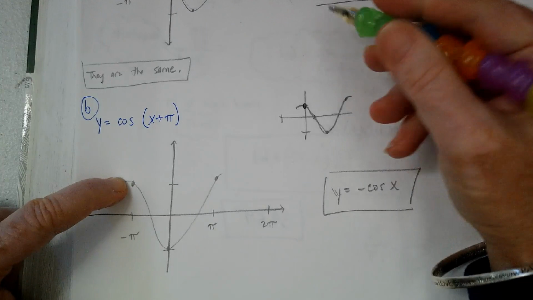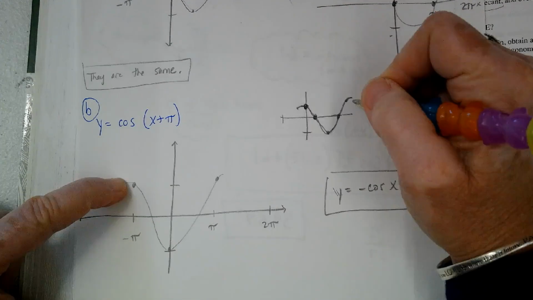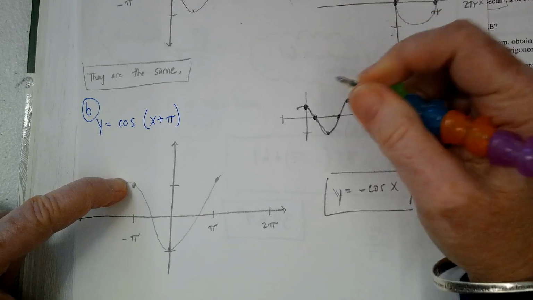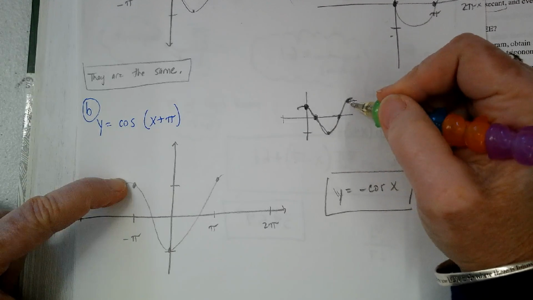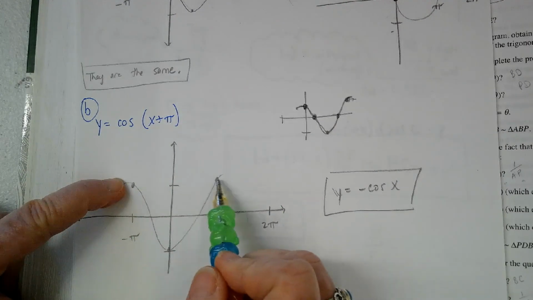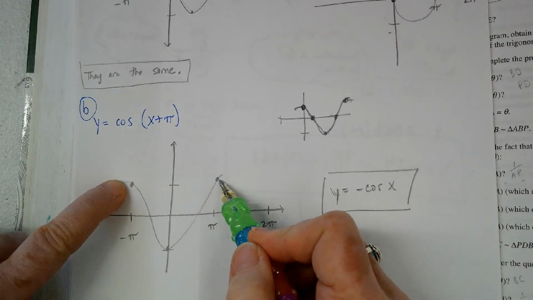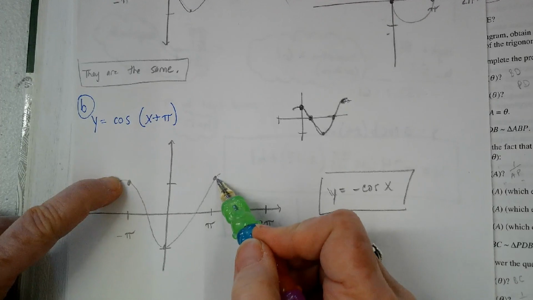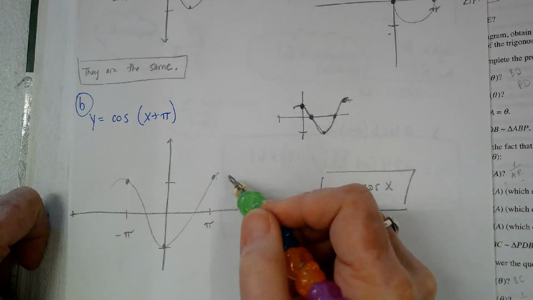And if I use 5 points to graph my cosine function, I know that the last point is 2 pi away from where the first point was. So that's pi and pi, it's 2 pi. Okay, so that gives me cosine of (x plus pi), and it keeps going in both directions.